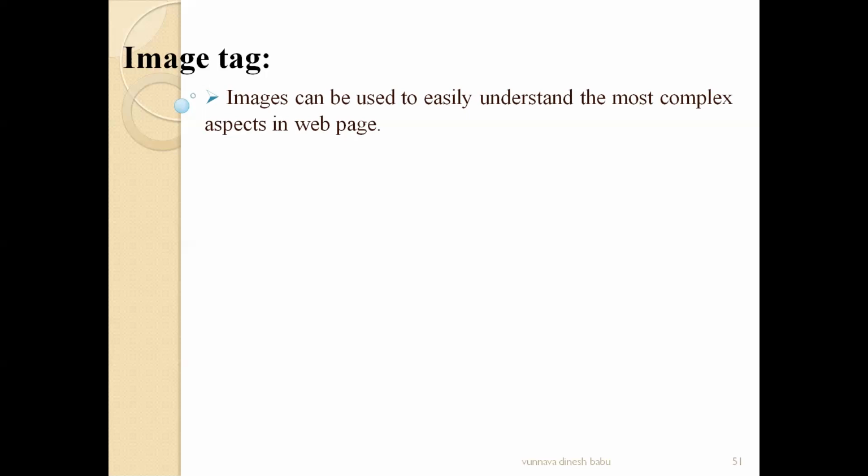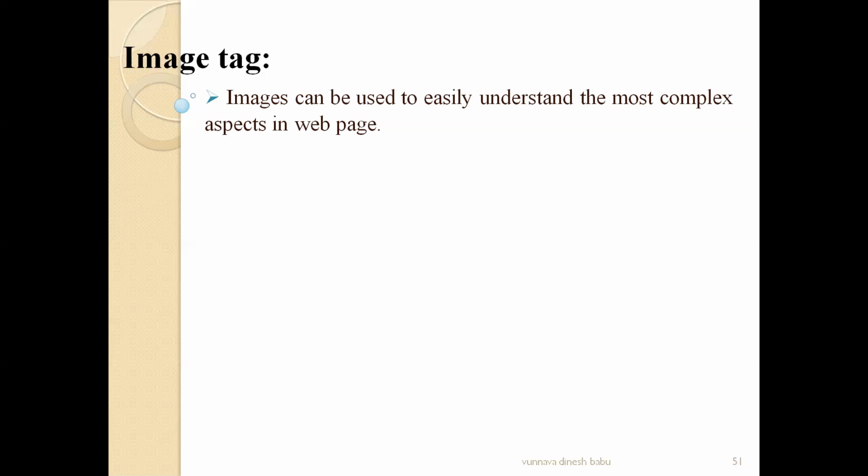And then let us look at the first point of the slide. Images can be used to easily understand the most complex aspects in a web page. So in a web page, if there are any complex aspects, for example, we have given some details.